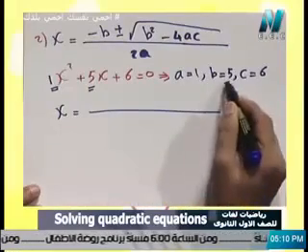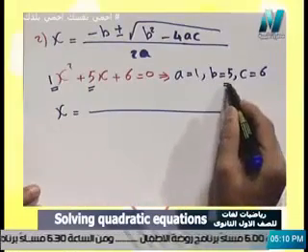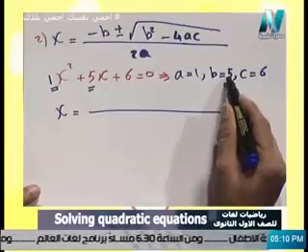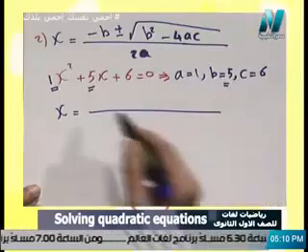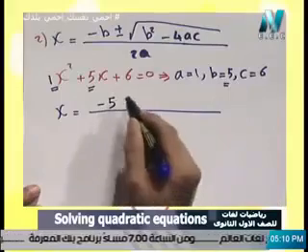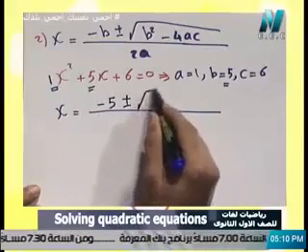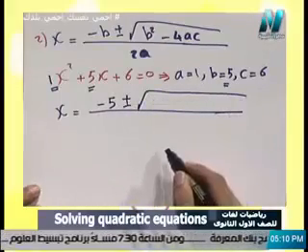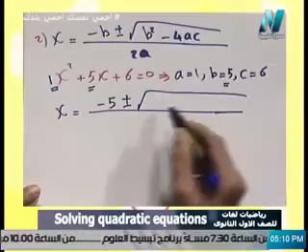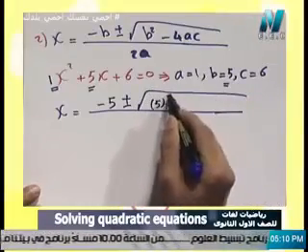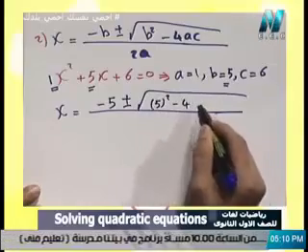Negative b means the converse of the sign of b. Here the sign is positive 5, so we put negative 5 plus or minus the square root of b power 2, which means 5 power 2, minus 4ac.